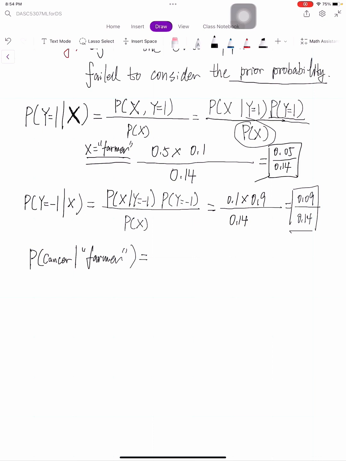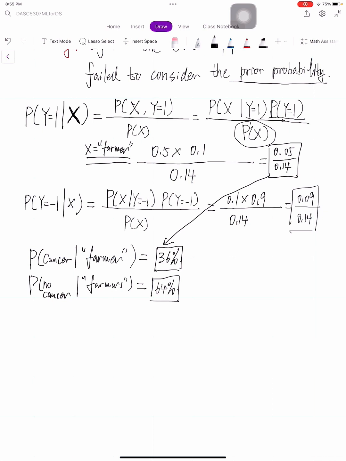So if we use this as a classifier, since we have a higher chance, we should classify him as not having cancer. Given the person's occupation is farmer, the probability of no cancer is 64%.